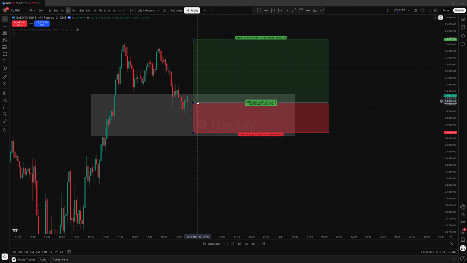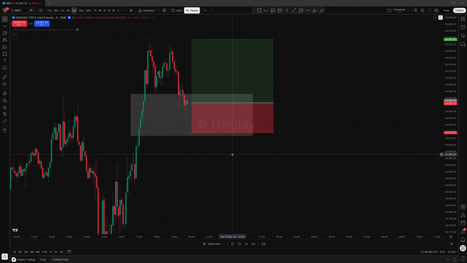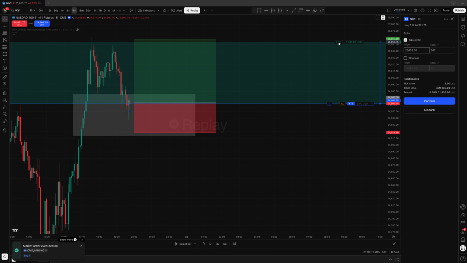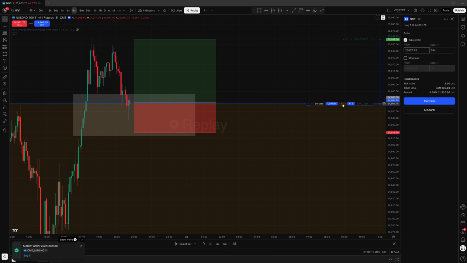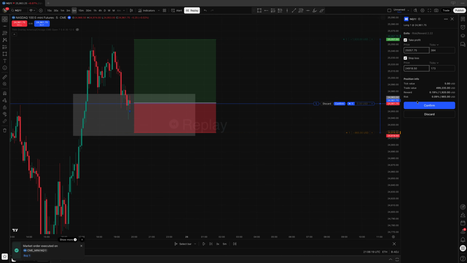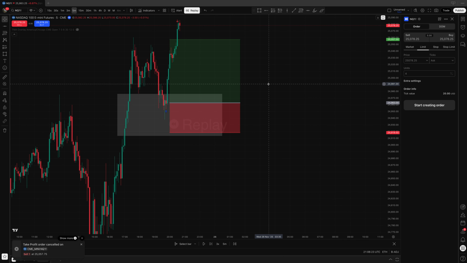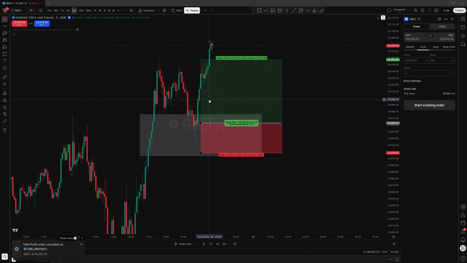Boom. This is a 1 to 2 risk to reward ratio trade. Enter for buys, enter for longs. Let's see what happens. Boom. Nice.